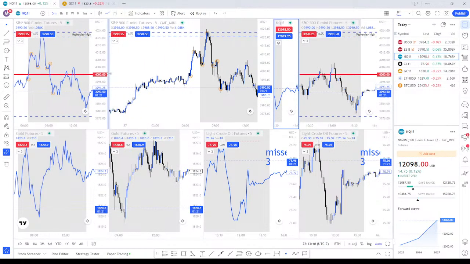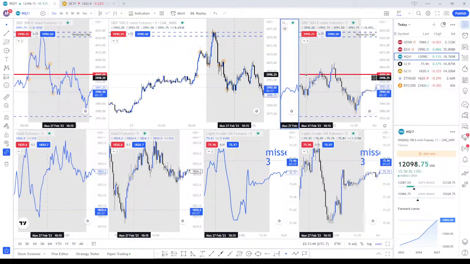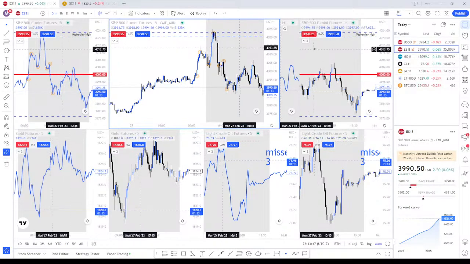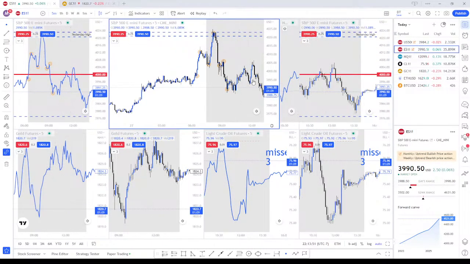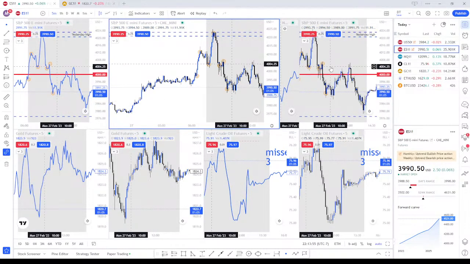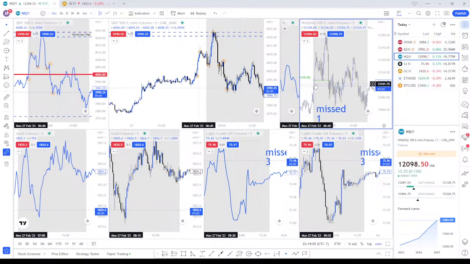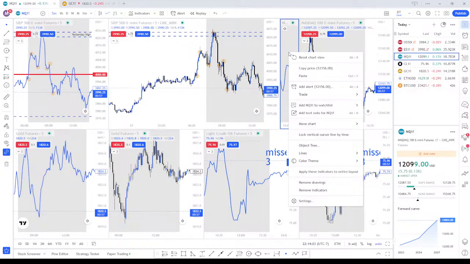Actually, this is perfect. I want to completely remove this chart, but I can't. This should be the NQ. Can't remove this chart.